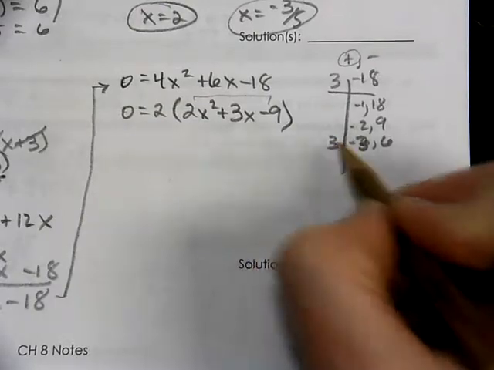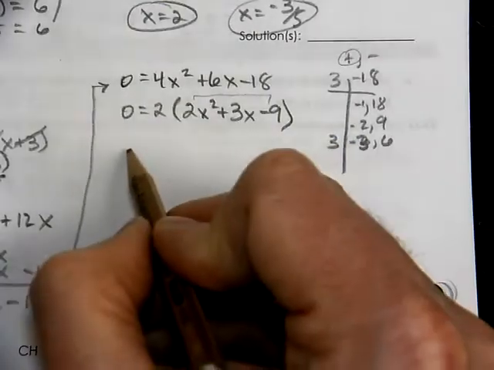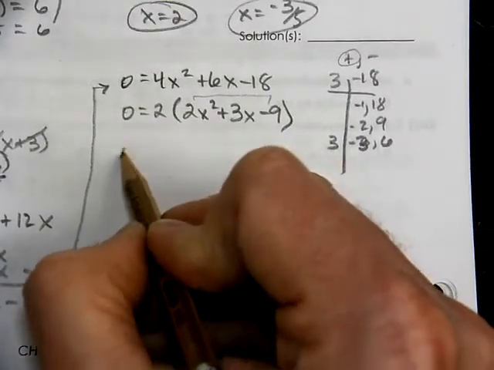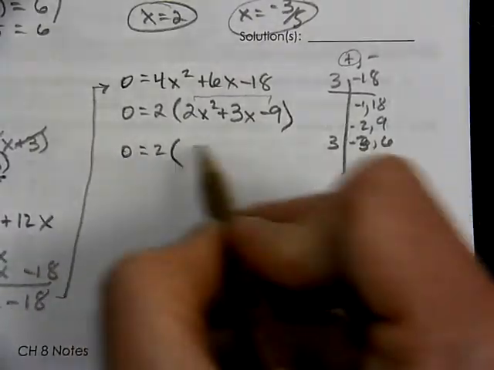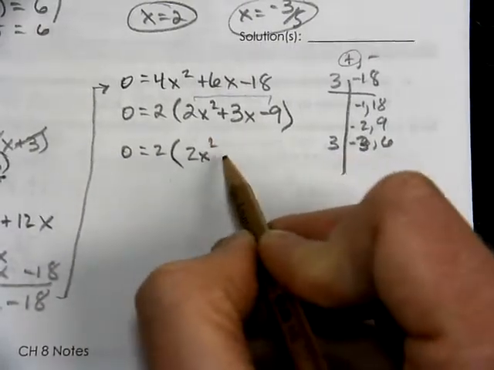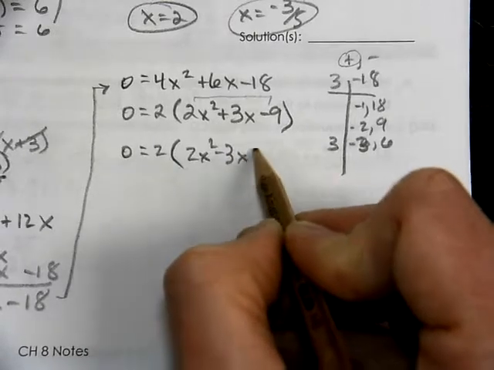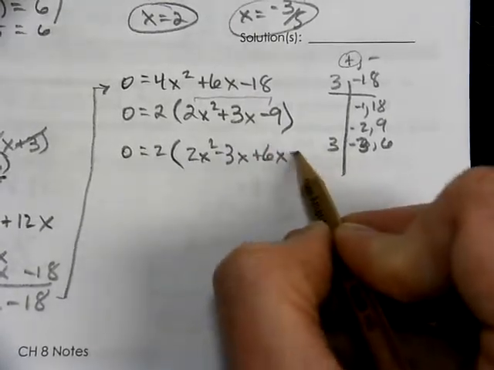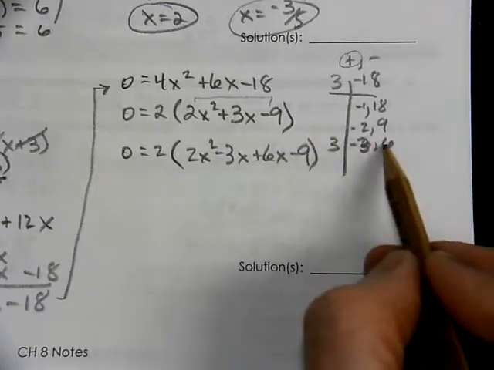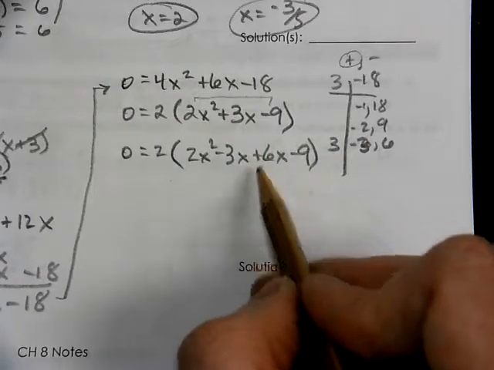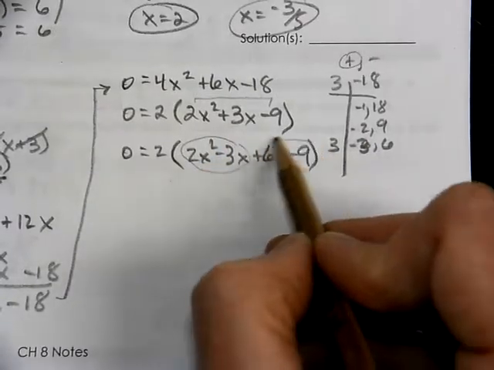That gives me my positive 3. So I'm going to have a 2x squared, a negative 3x, a positive 6x, and a negative 9. So I've put my two terms in the middle. It's called factor by grouping.